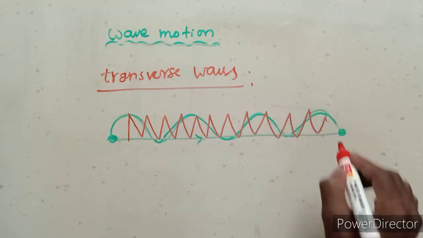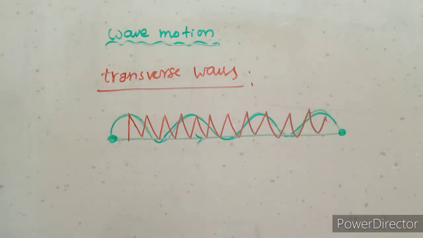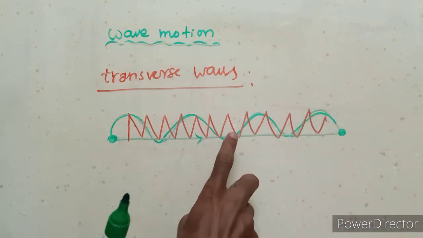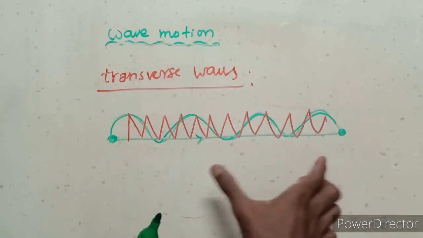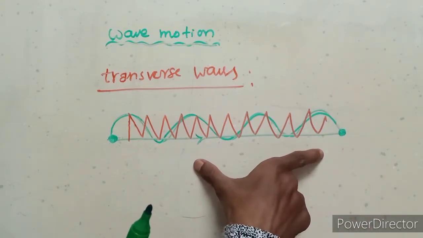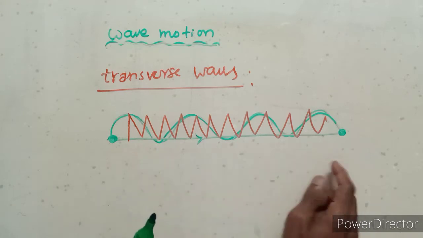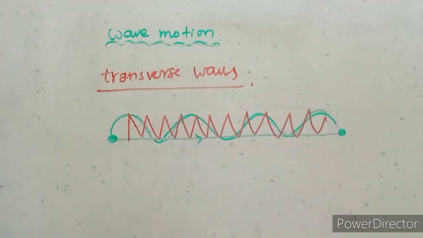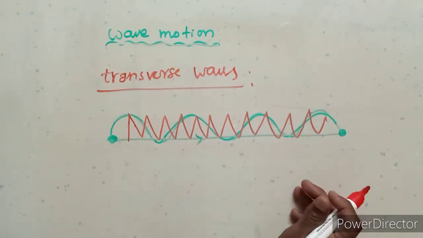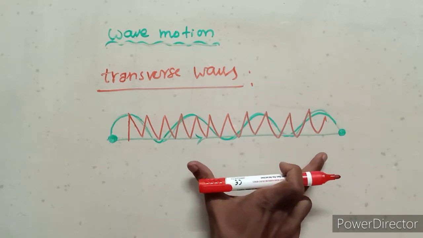So the oscillations are perpendicular to the direction of propagation of energy transfer. So these are transverse waves.